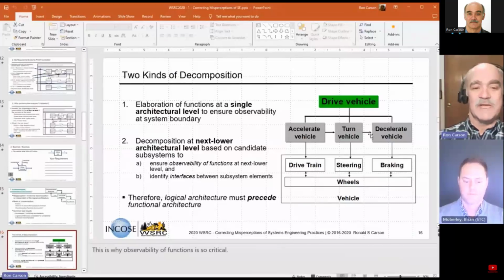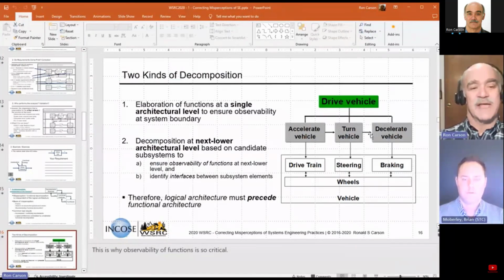The second type is where we typically get into more trouble, and this was the basis for Murray Cantor's challenge and complaint about systems engineering functional decomposition, is that we often presume a logical architecture as the basis for making the decomposition without being explicit about it. Right.